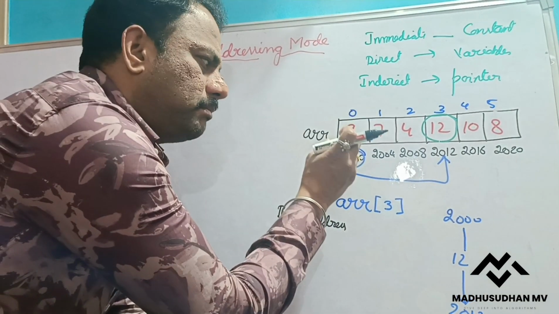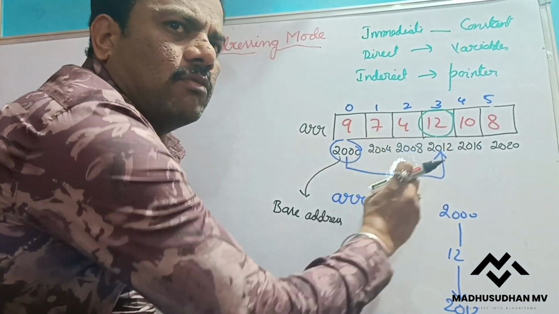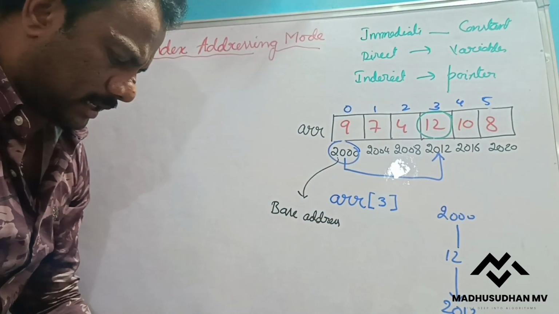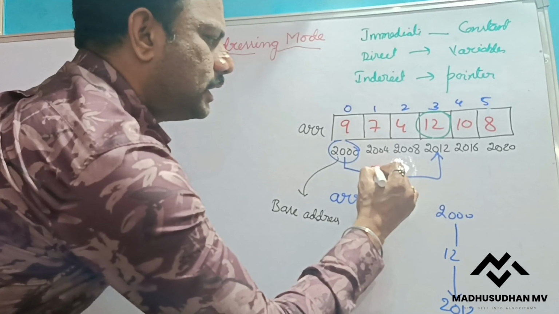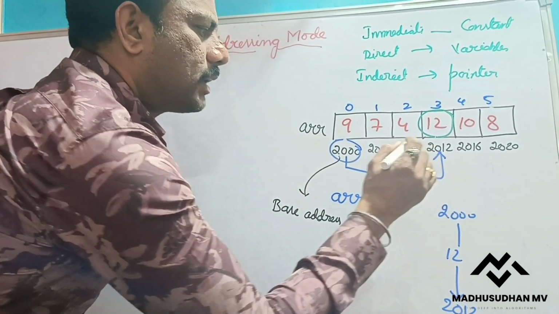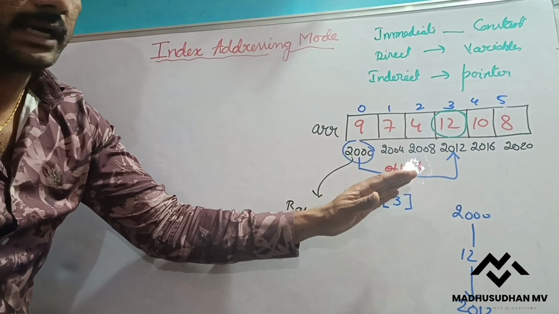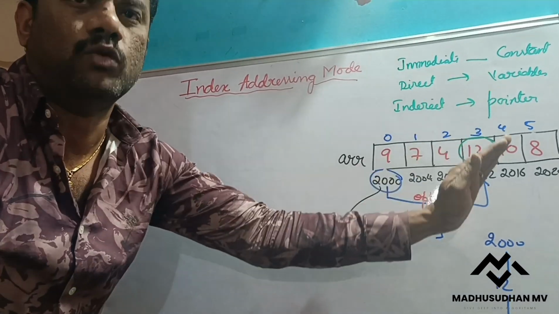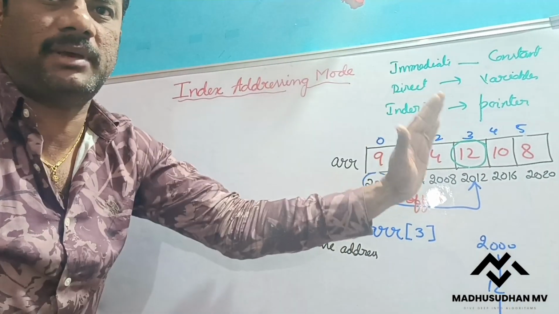How much we move from the base address is called the offset address.